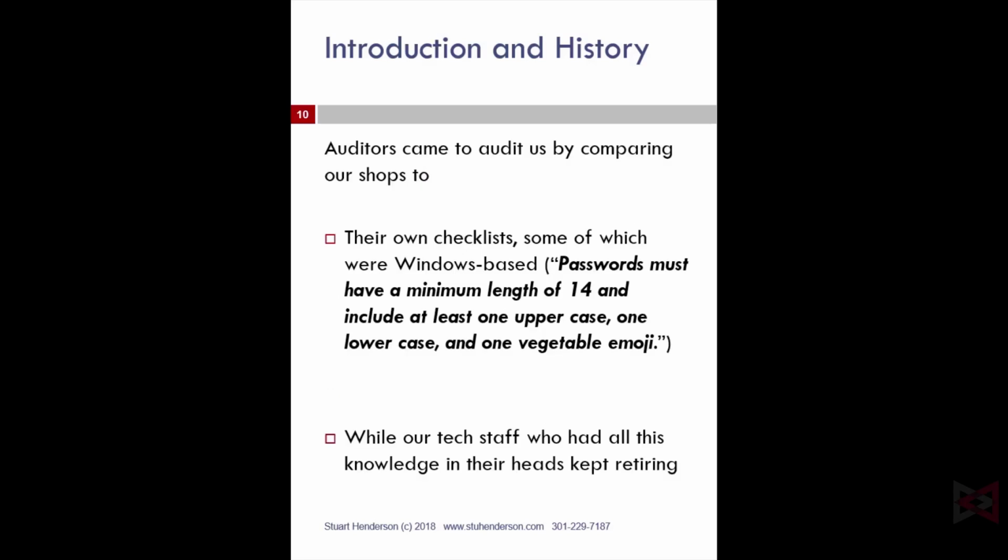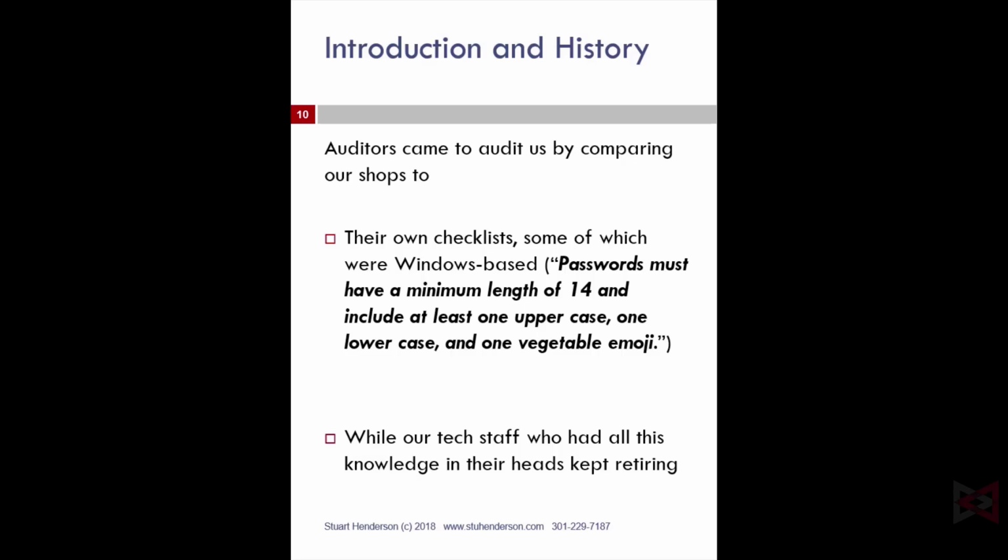And about this time, the auditors came by. And the way they would audit us was they would compare what we had in our shop. Well, if they didn't know any better, they had a checklist, and they'd compare what we have against what was on their checklist. Now, there was a problem with the encryption algorithm in Windows.